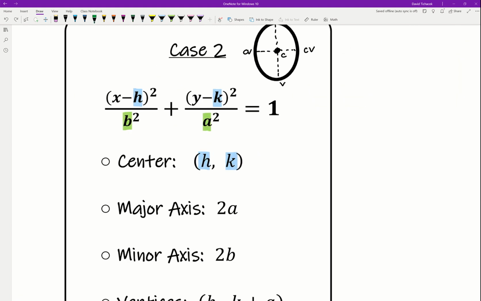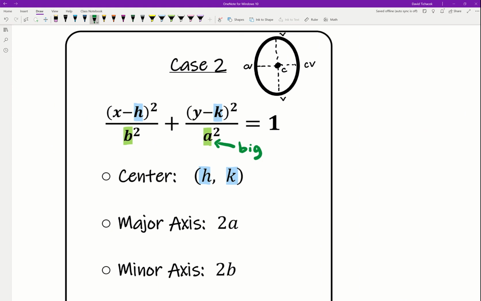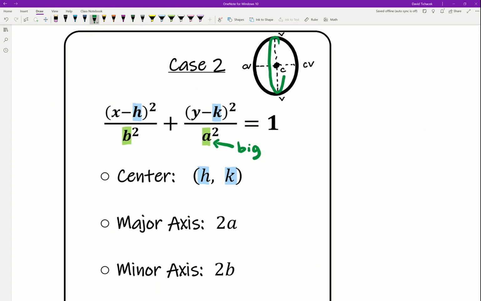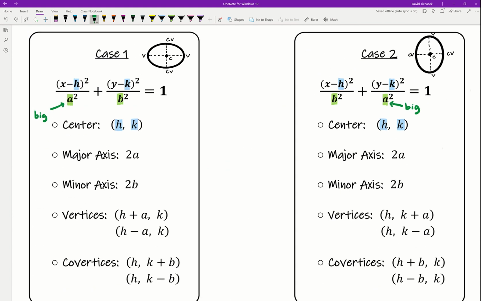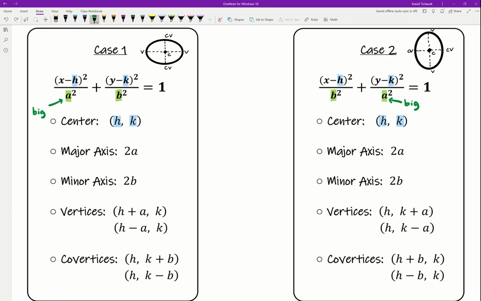Whereas in case two, if the bigger number is sitting below y, then you're going to have more emphasis in the y direction, or vertically. So that's how we distinguish between these two cases: we look at what's playing the role of a and b, and which of x or y the bigger number is sitting underneath determines the case, and whether we have a horizontal or vertical ellipse.